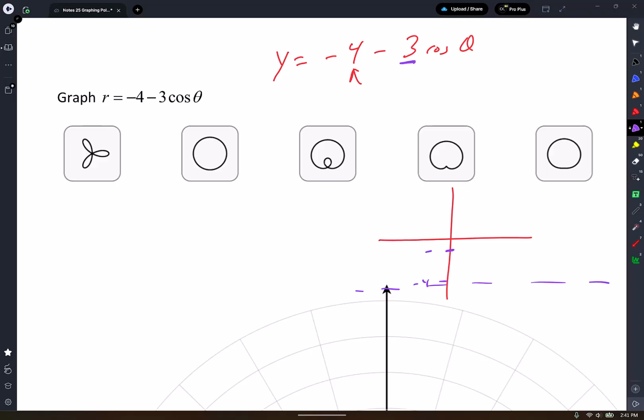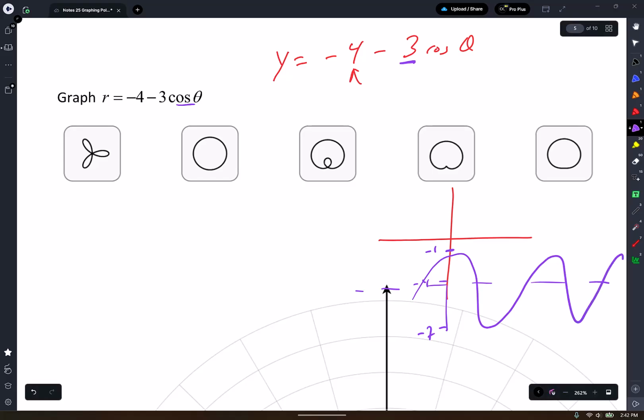It goes all the way to negative 1, and then 4, 5, 6, 7, all the way to negative 7. And if I were to graph, I know this is cosine, but I'm just going to draw a generic sinusoid. Does that sinusoid touch the x-axis? No. So if it did not touch the x-axis, that means my r is never 0. So my polar graph is never going to touch the origin. So it's never going to have a loop.